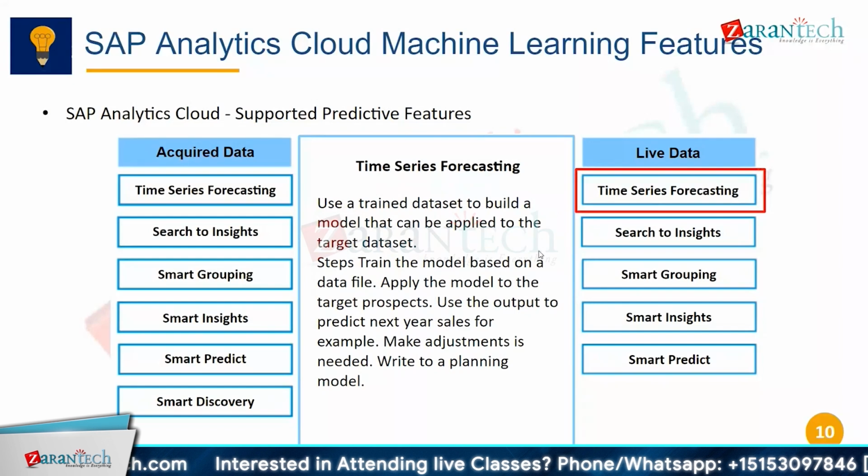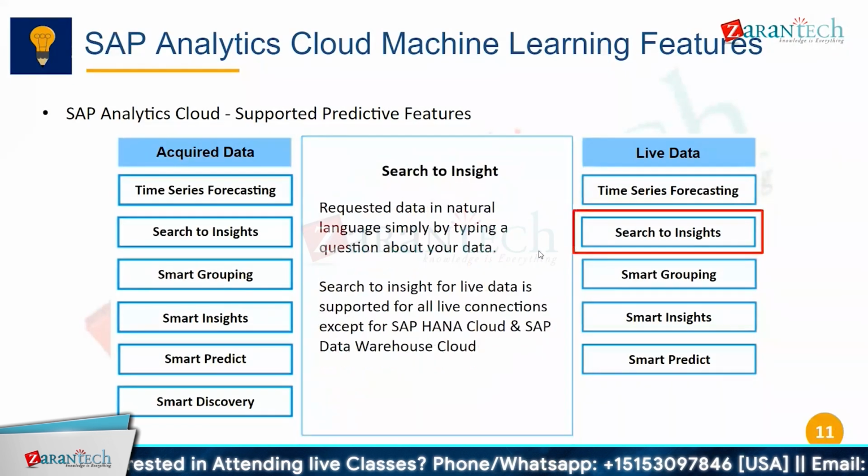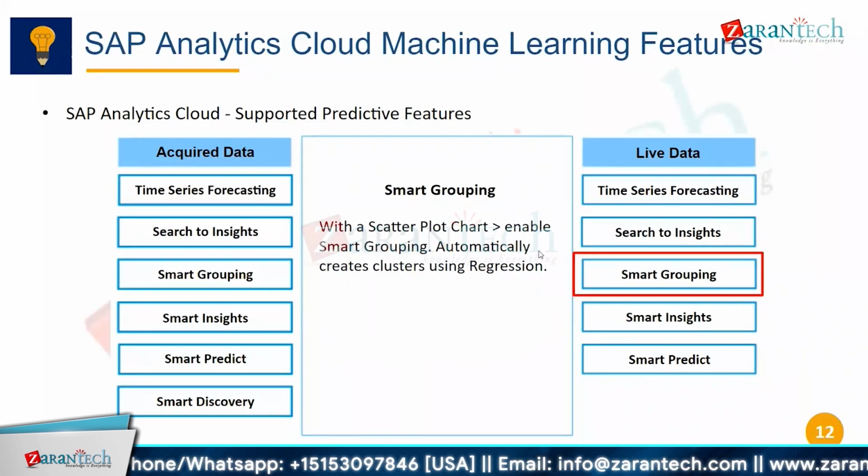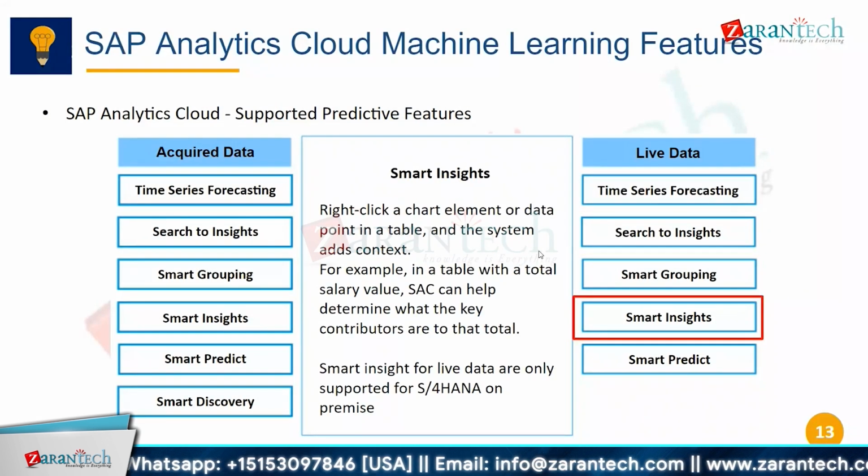Then with respect to live data, we have the time series forecasting anyway. Then we have search to insights. So search to insights also has some limitations. It is available only for SAP HANA, I think. Smart grouping is available for all the live models. Smart insights, as of now, is available only for S/4HANA and HANA database.